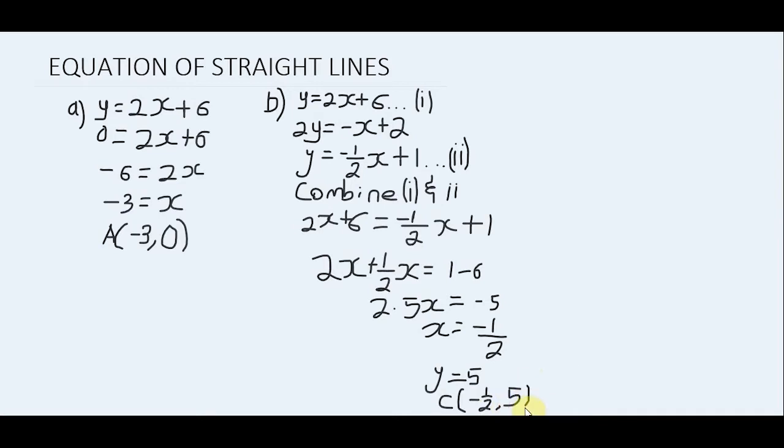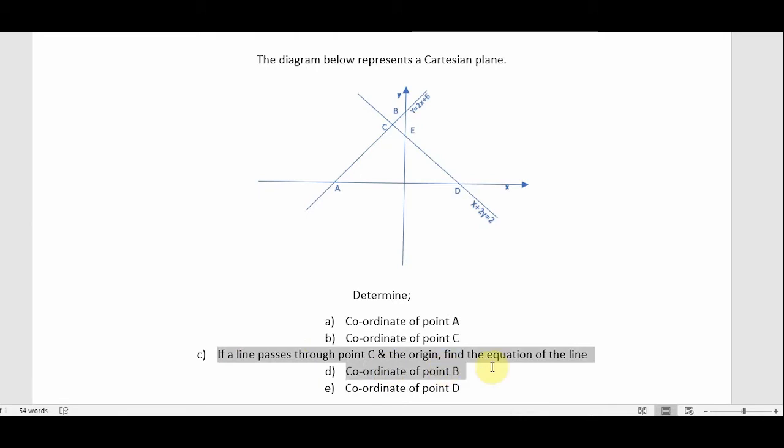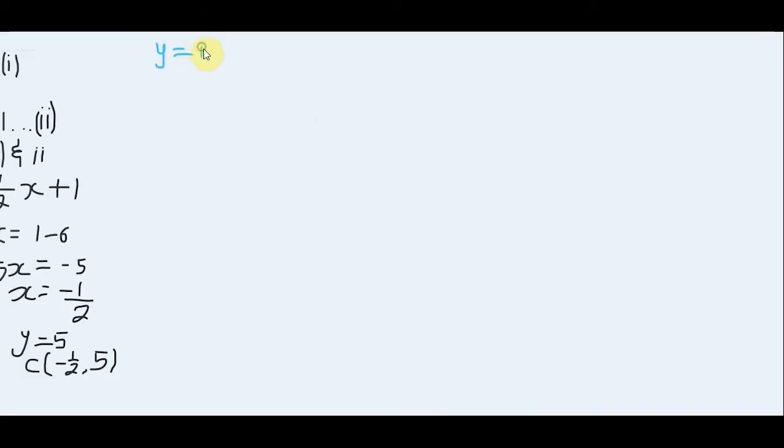Moving to part C, which says that if a line passes through the point C and the origin, find the equation of the line. The line that passes through point C and the origin is the one drawn over there. Now we start by writing the equation. The general form of the equation is y is equal to mx plus c.